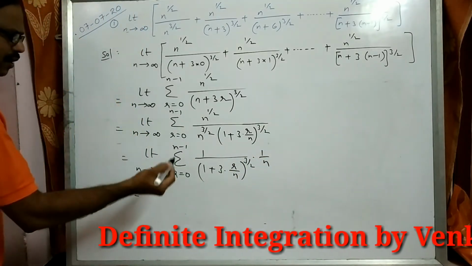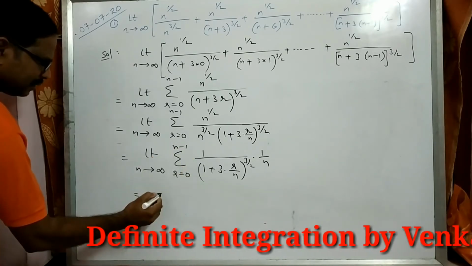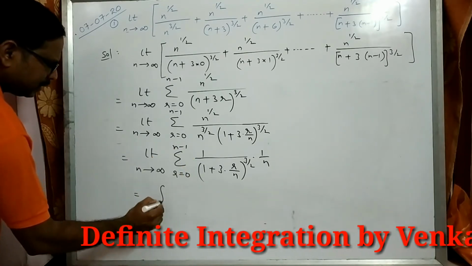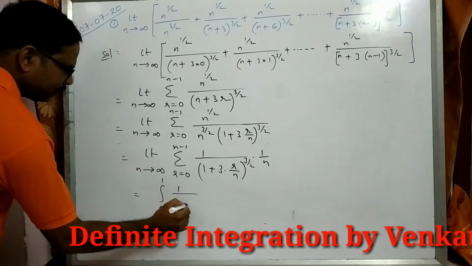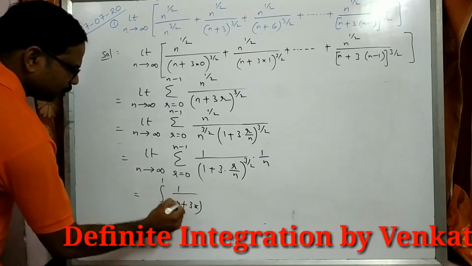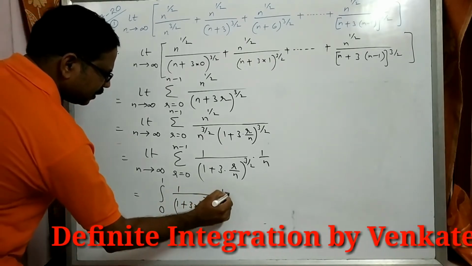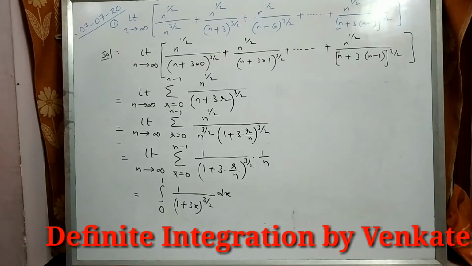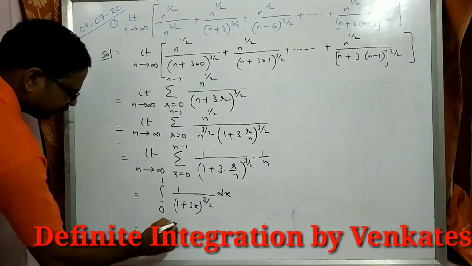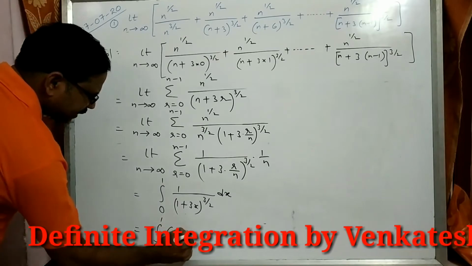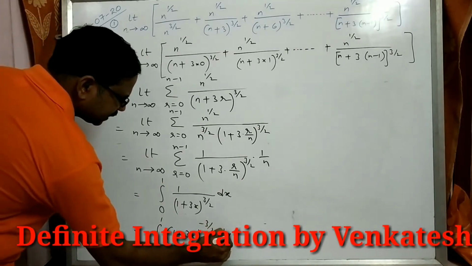Now instead of r by n we can write x, and limits are from 0 to 1 as it is. So 1 by 1 plus 3x whole power 3 by 2, 1 by n means dx. Now integral 0 to 1, 1 plus 3x whole power minus 3 by 2 dx.